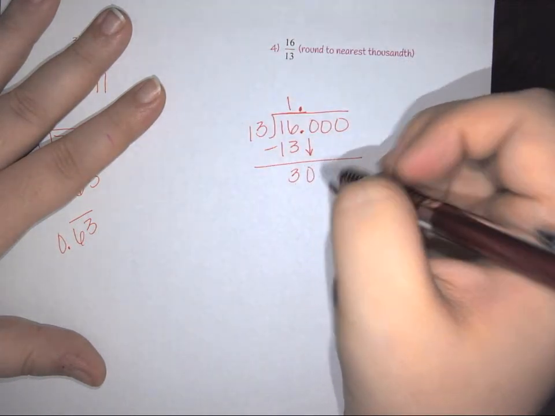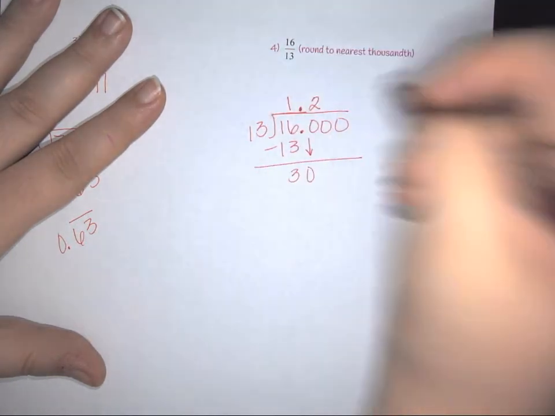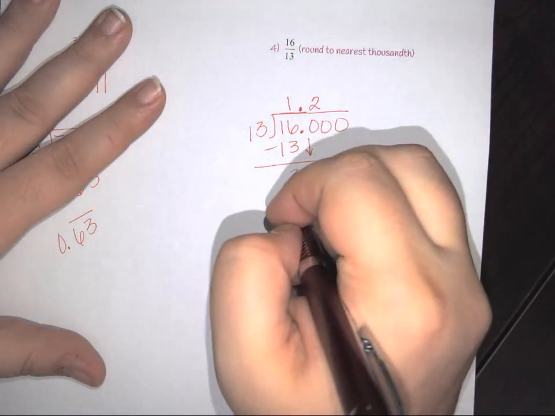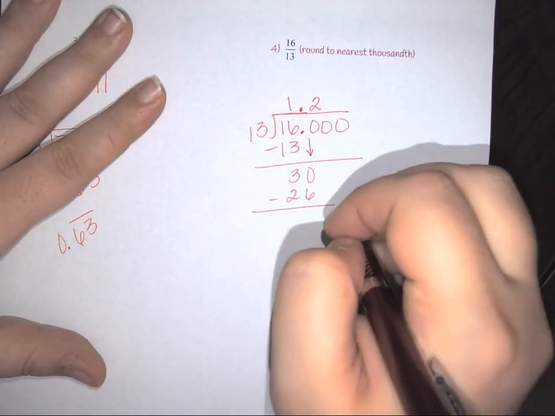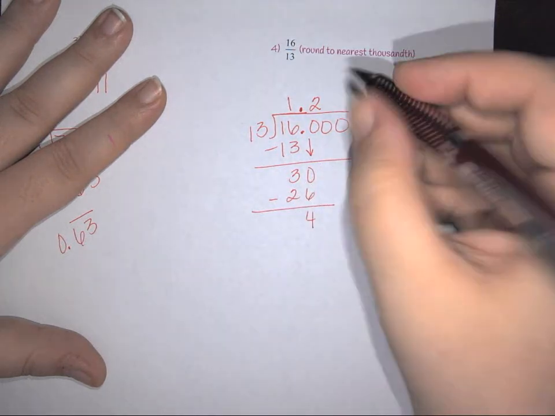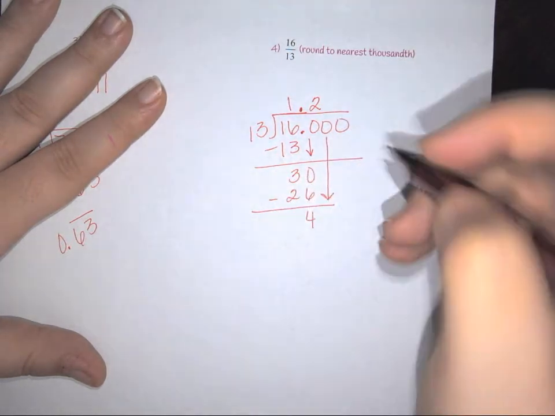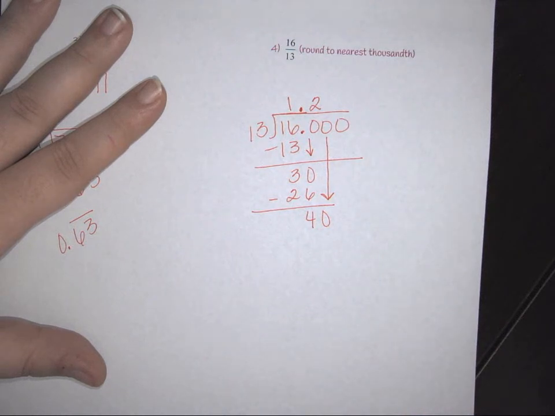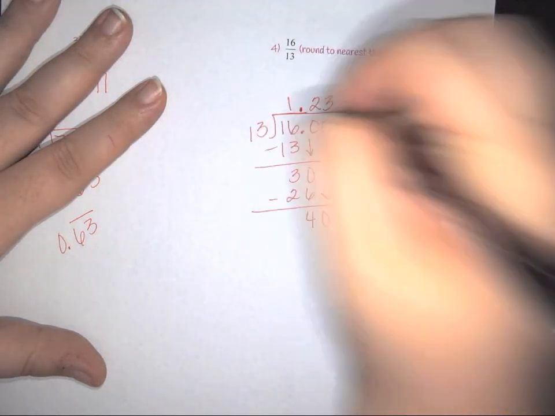13 can go into 30 twice. 13 times 2 is 26. You would subtract it away. Leaves you with 4. Again, drop down your next 0. 13 can go into 40 3 times.